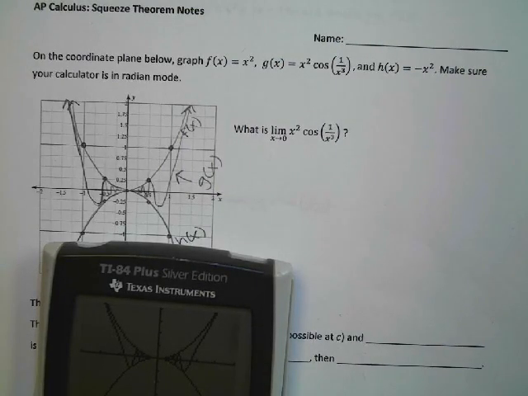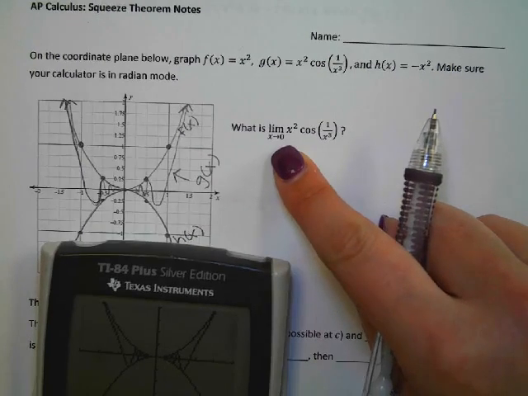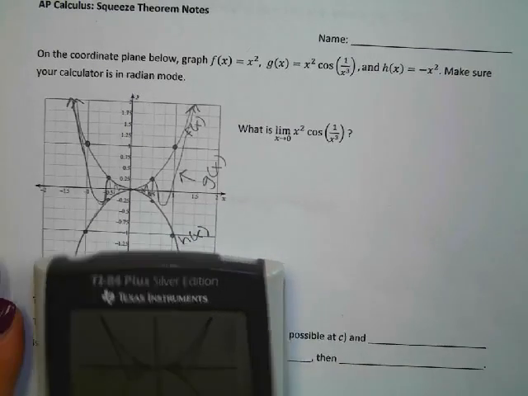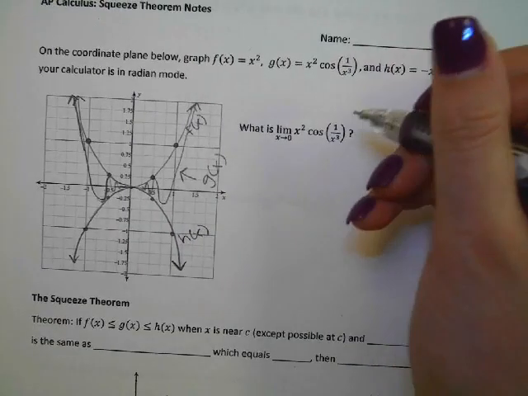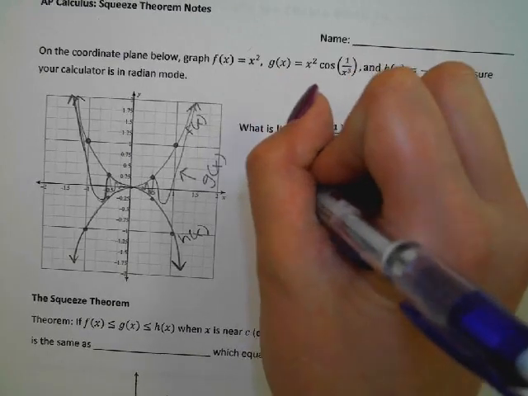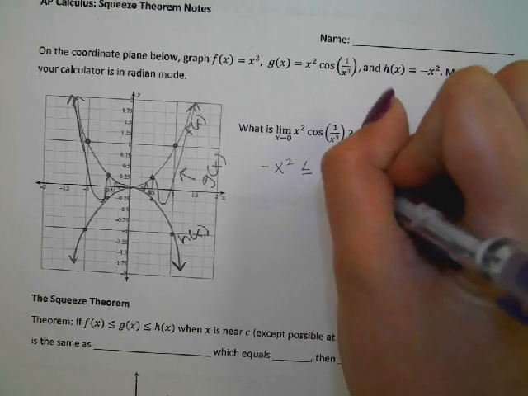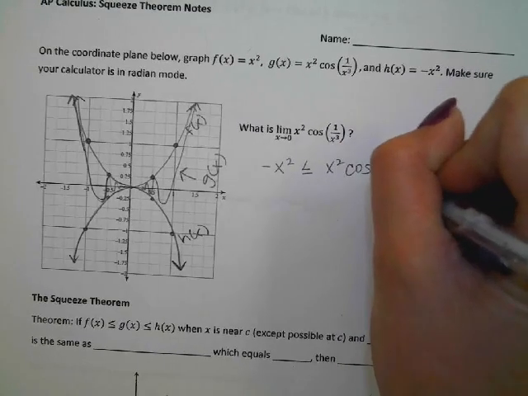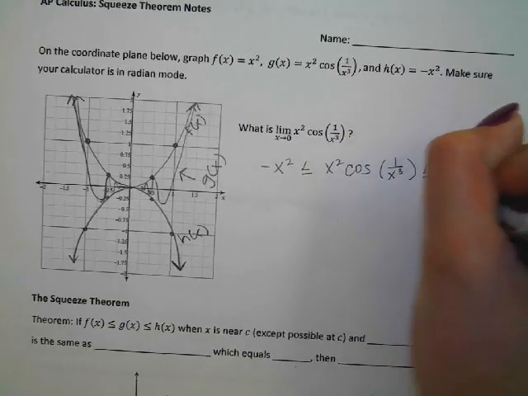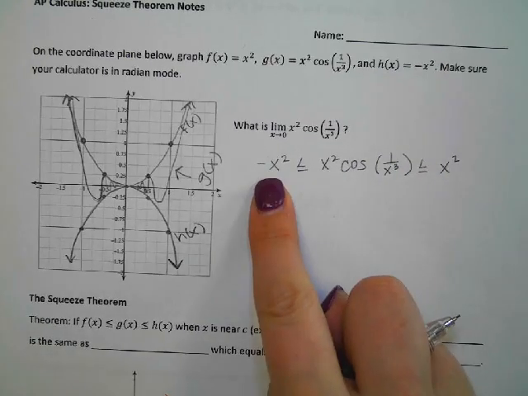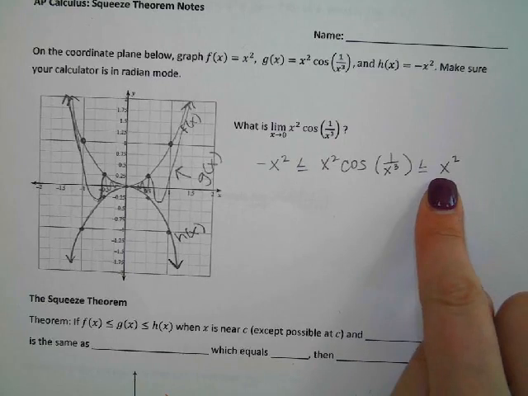All right, so here is how we do a problem where we're trying to find the limit of something we can't plug 0 into, but we can squeeze or sandwich it. We're going to say that our function x squared times cos of 1 over x to the third was squeezed in between negative x squared and positive x squared.